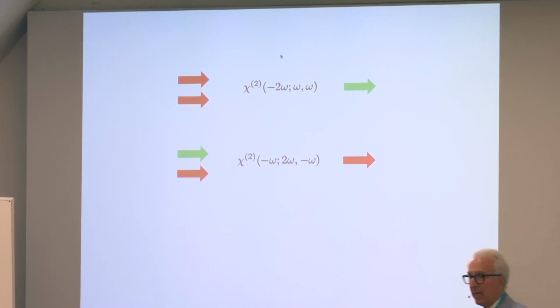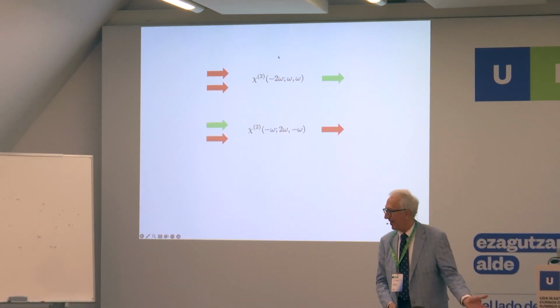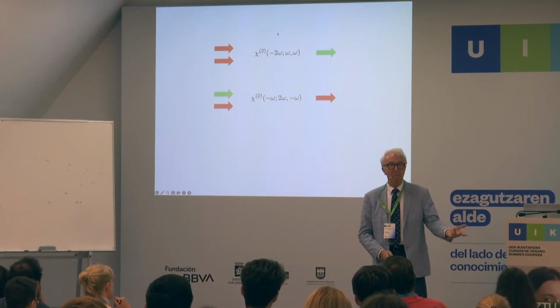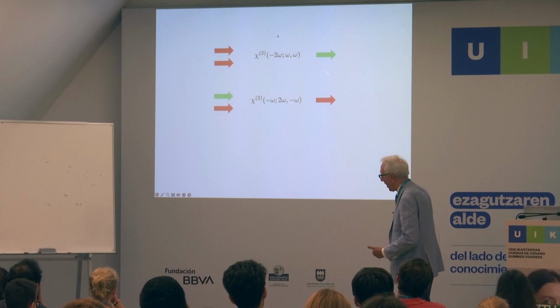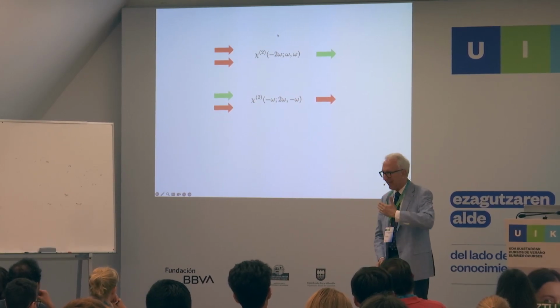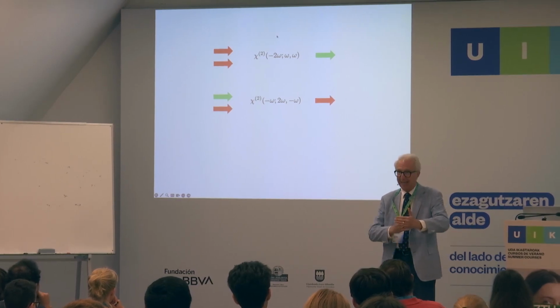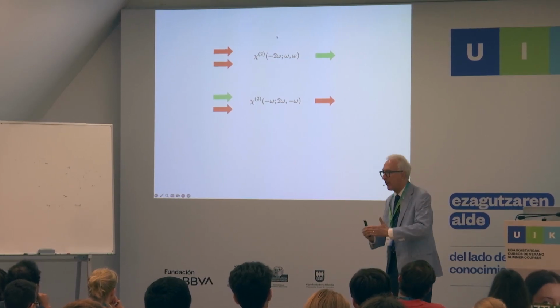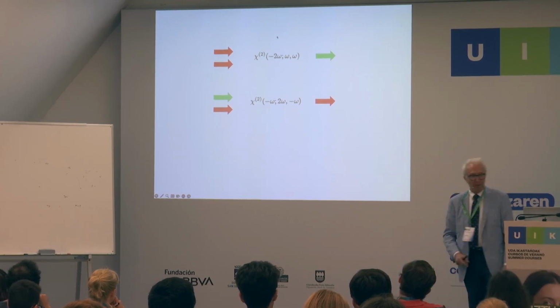And that has to be, because I can't just generate light at 2 omega and not pay any price for it. That costs me energy. That 2 omega light is really coming from the omega light. So this field will be out of phase with my original E of omega and take some energy out of the omega beam. So in general, I can get energy exchange between the beam at omega and the beam at 2 omega. Of course, I can get other things too.